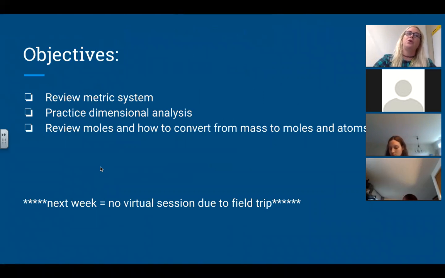We're also going to practice dimensional analysis, right, which is unit conversions, essentially. It is a concept that if you continue to take science courses, you will use in college. And we're also going to review moles and how to convert from mass to moles and atoms. Again, that's something that you're going to touch on a little later in the year, but it's good to introduce now.